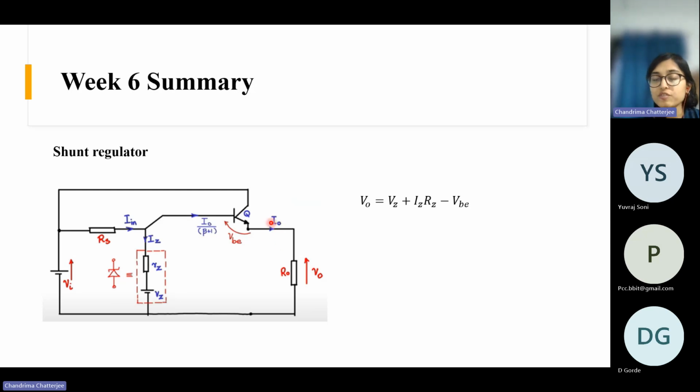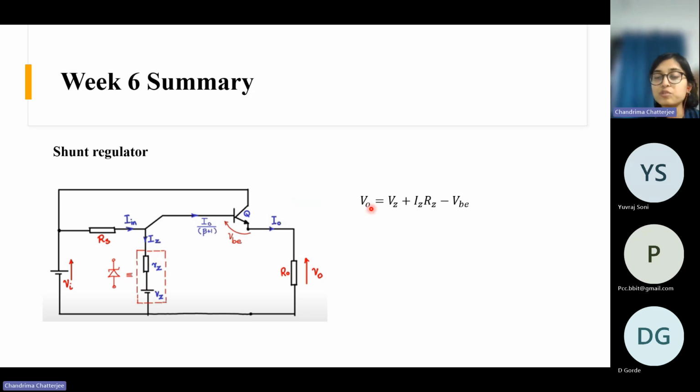Obviously, the load current value will be much higher than the base current value of the BJT. That's why this IZ-RZ value becomes very small. The fluctuation is very small because now IZ is dictated by this base current and the base current is very small. That's why IZ-RZ will also be very small.